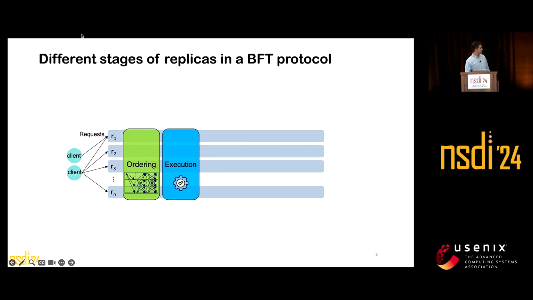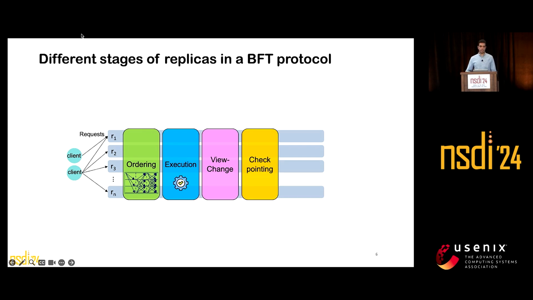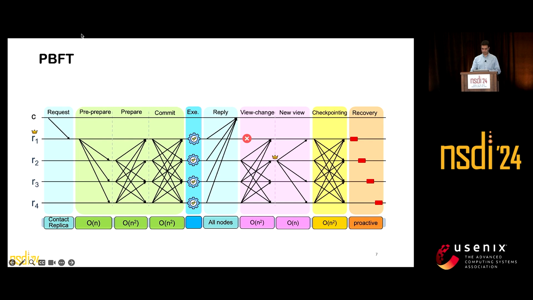And after the execution, we have view change, where we replace a leader that is suspected to be faulty. Another stage is checkpointing, where all replicas communicate with each other to checkpoint the state of the data. And we have recovery protocols that are used to recover a faulty replica.